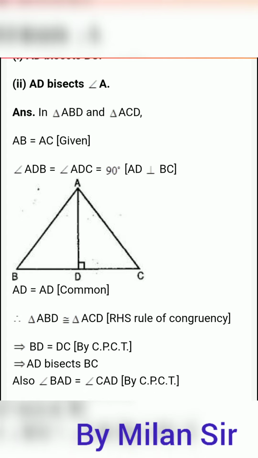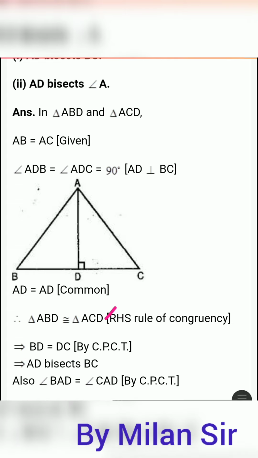It is BD is equal to CD, right? So BD in the second and third position, here CD in the second and third position. So BD is equal to CD by using CPCT.